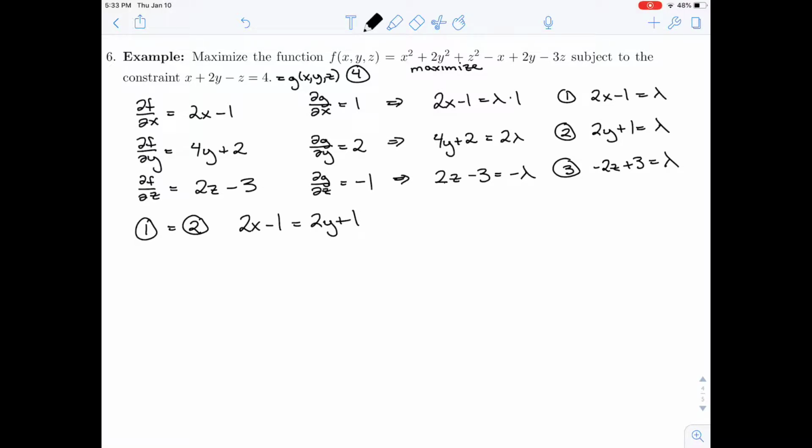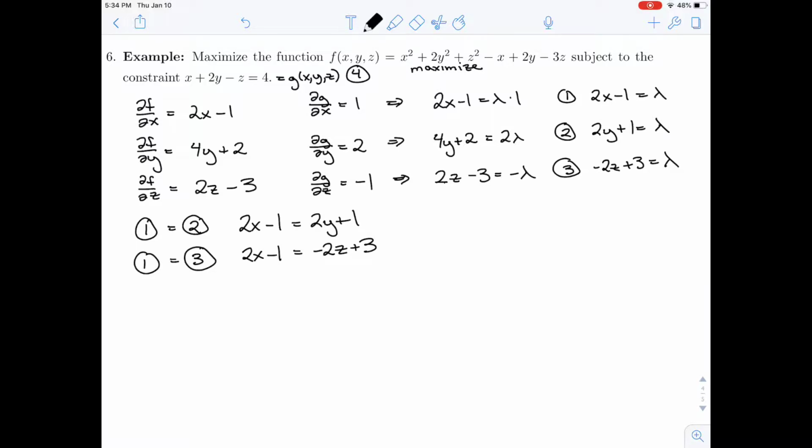And I will also set equation 1 equal to equation 3, so that 2x minus 1 is equal to minus 2z plus 3. So now in each of these cases, I can solve for y in terms of x and solve for z in terms of x.